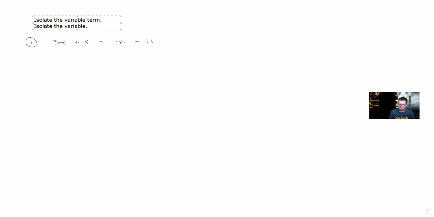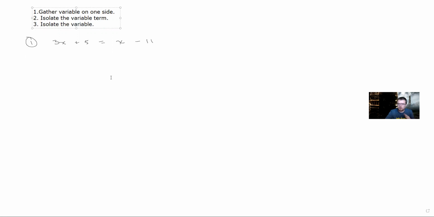So what we're going to do is first, gather the variable on one side of the equation, and then we're going to isolate the variable term and then isolate the variable. So we have 3 steps here instead of 2.